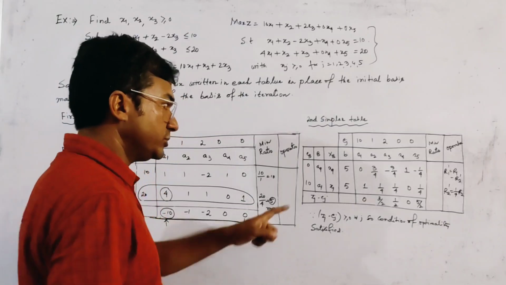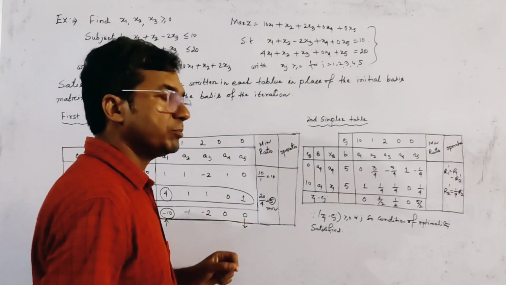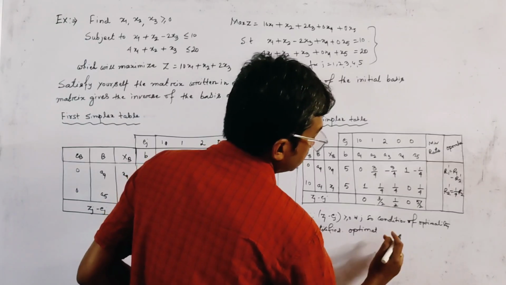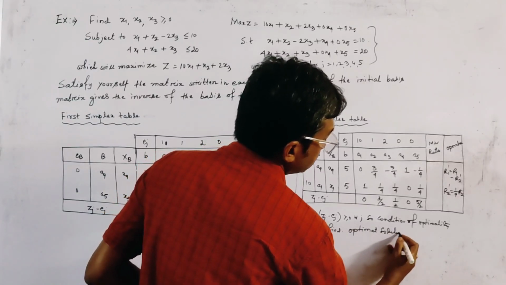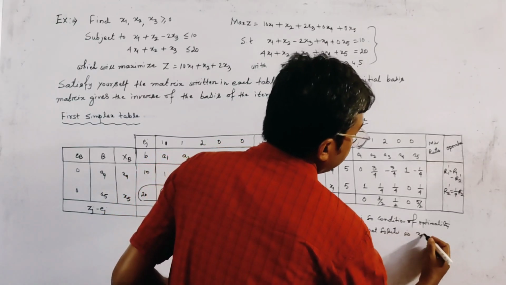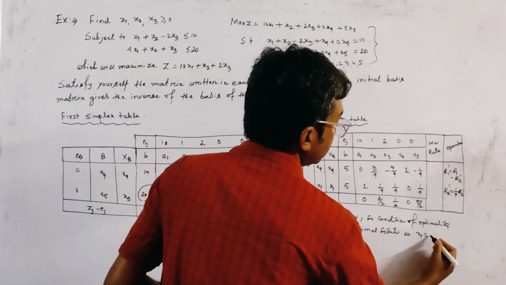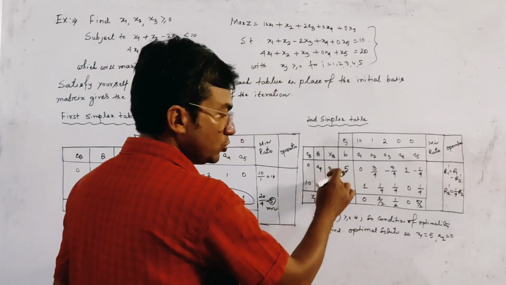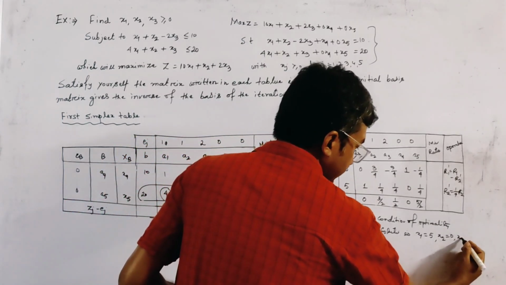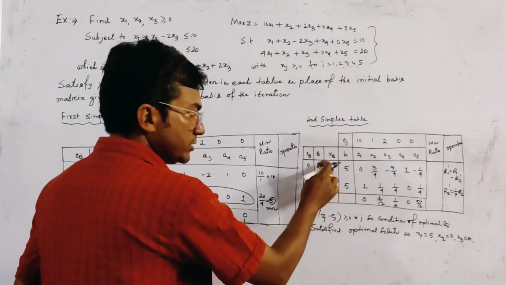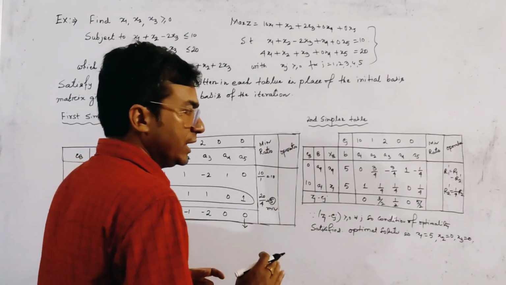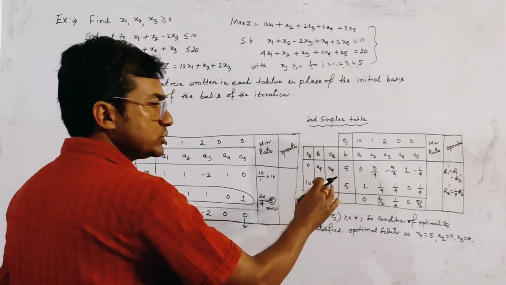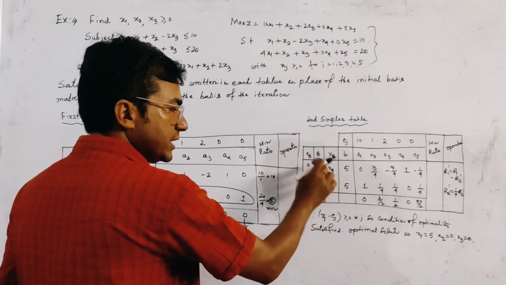We write from this table the optimal solution of the problem, and the optimal solution is given by x1 equals 5, x2 equals 0 because there is no x2, and x3 is also equal to 0. We do not report x4, which is 5, because x4 is not an original variable, it is a slack variable.